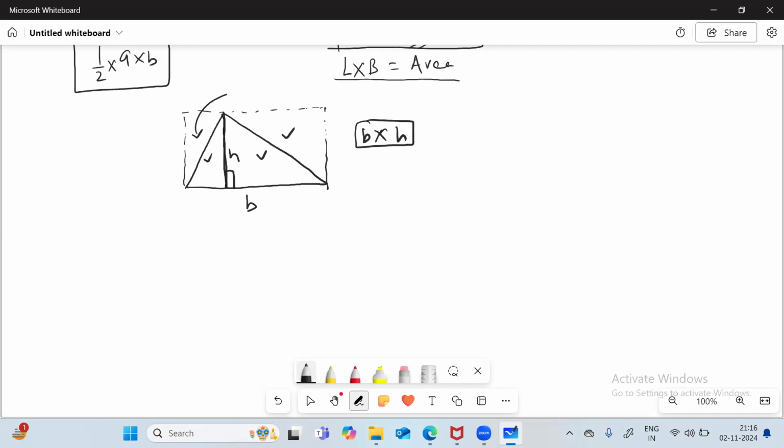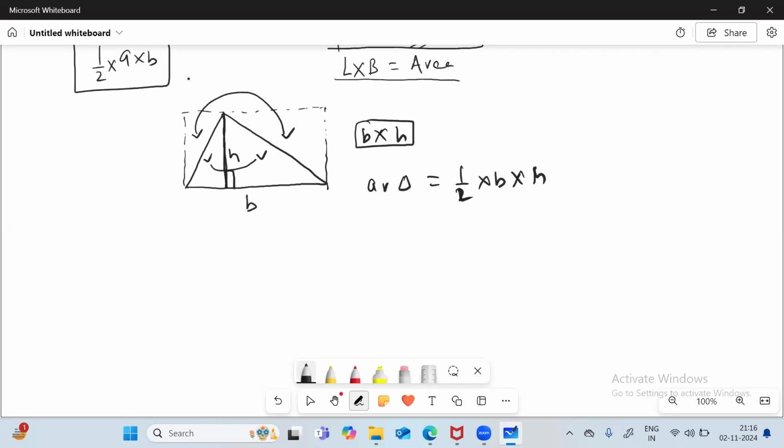So there are two equal parts outside the triangle, and together these two parts make the triangle half of this entire rectangle. So the area of the triangle will be half into base into height.